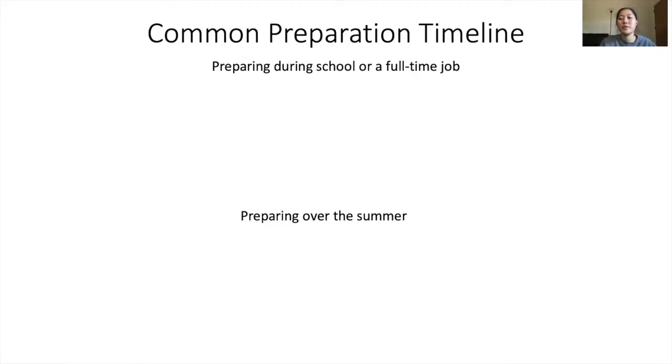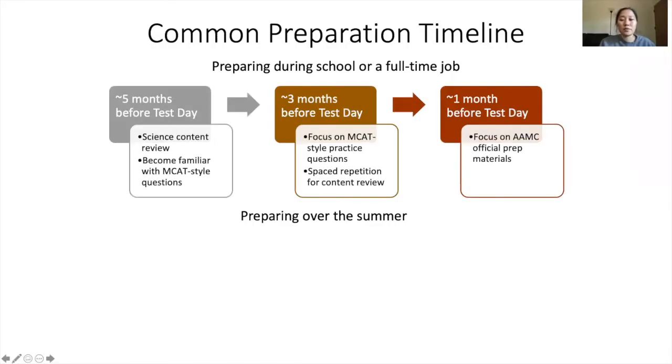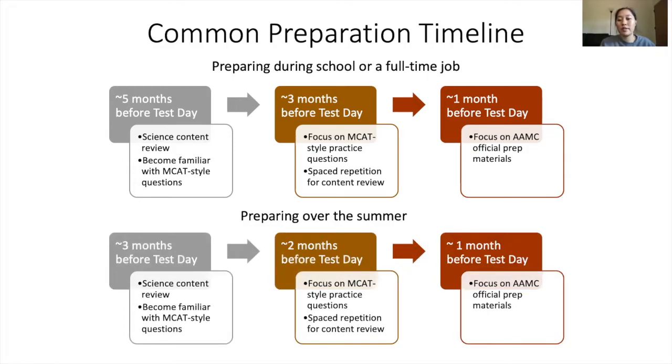This is because students like to take the majority of their prereq classes for medical school, such as biology, chemistry, and all that, before the MCAT. And let me just show the first one. People who study during school or have full-time jobs typically spend around 3 to 5 hours a day. And people who study over the summer study around 7 to 8 hours a day.